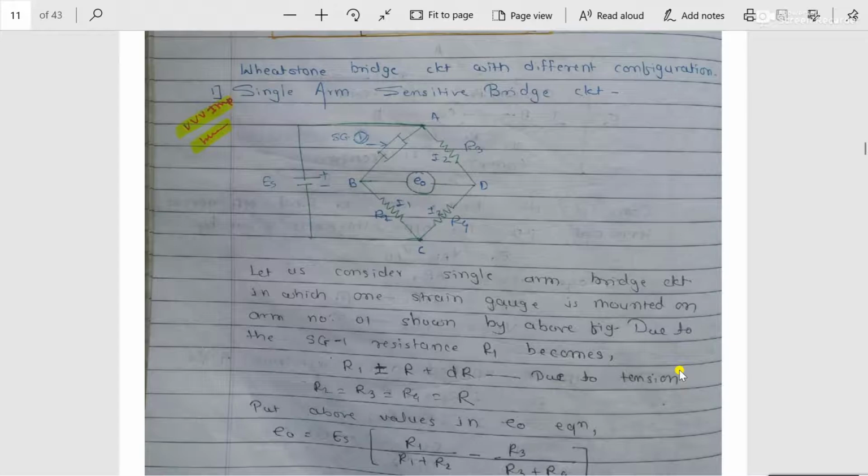So based on all these conditions, we have to study a total of 6 configurations for the Wheatstone bridge circuit. From these 6 configurations, today we'll discuss the single arm sensitive bridge circuit.